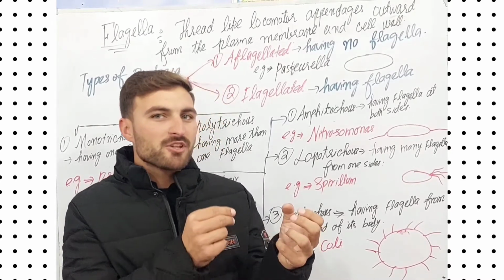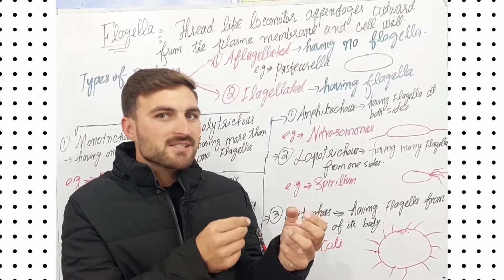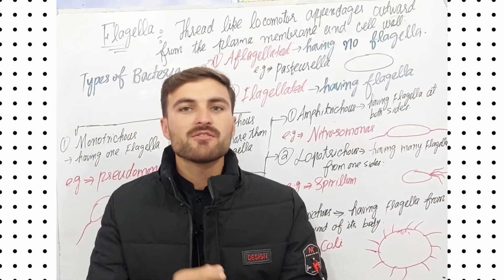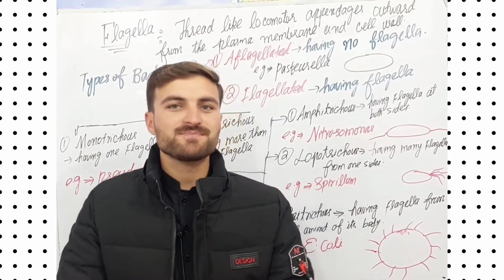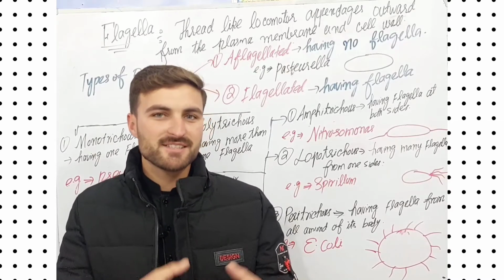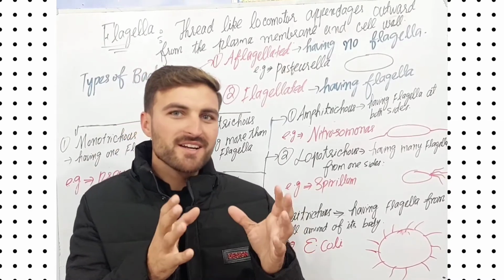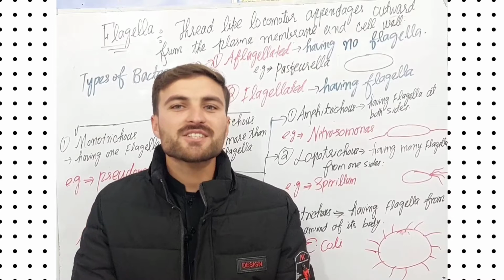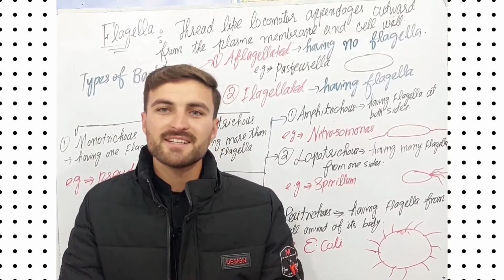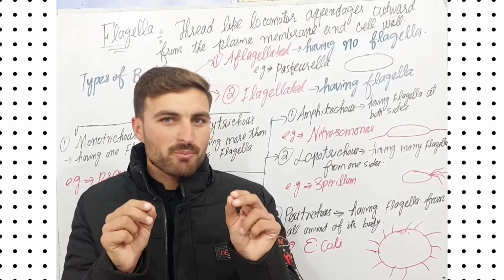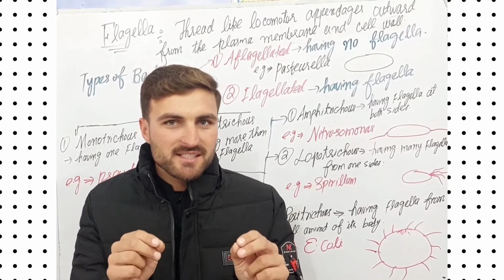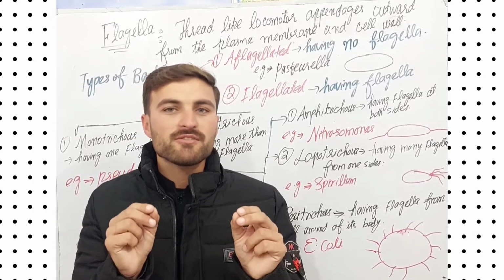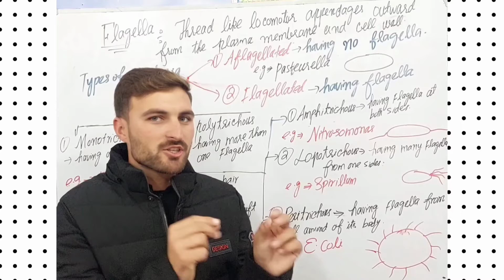On the basis of the number of flagella, we will discuss the further classification of flagellated bacteria. After this classification is over, we will discuss the structure of flagella, and at the last, the most important, we will discuss the functions of flagella in a bacterium.